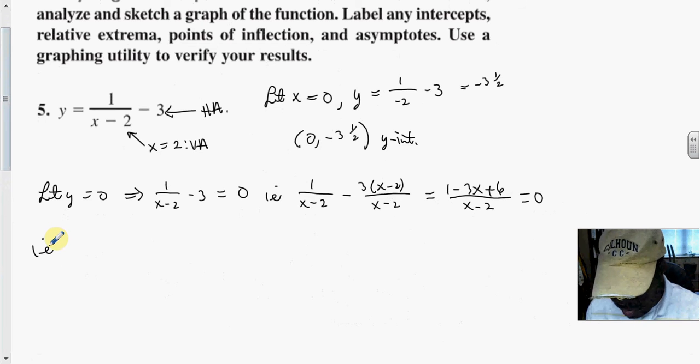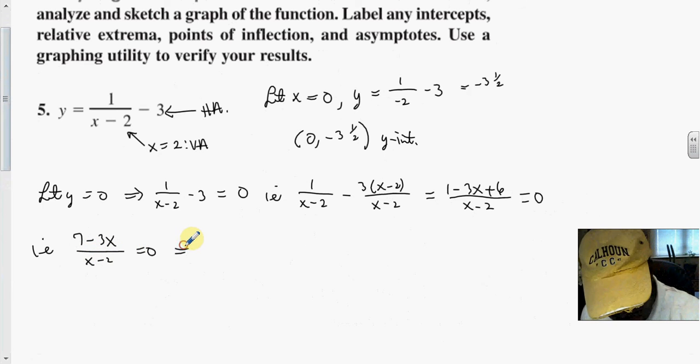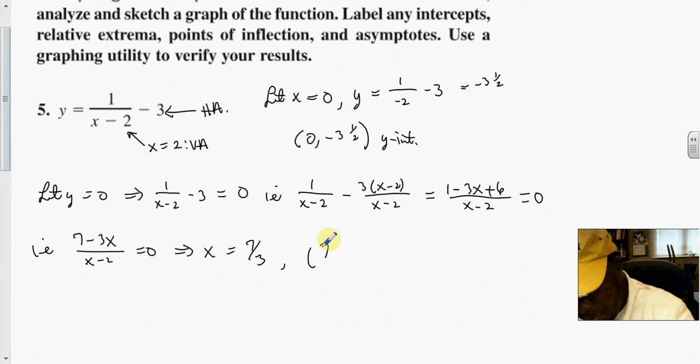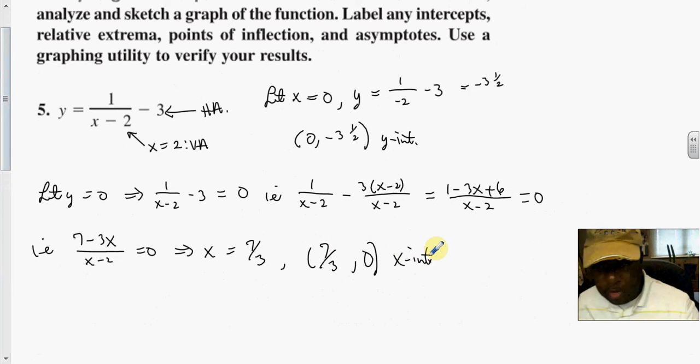So that is, yes, 7 minus 3x over x minus 2 equal to 0. Multiplying both sides by x minus 2, we end up with x is equal to 7/3. So 7/3 comma 0 is our x-intercept.